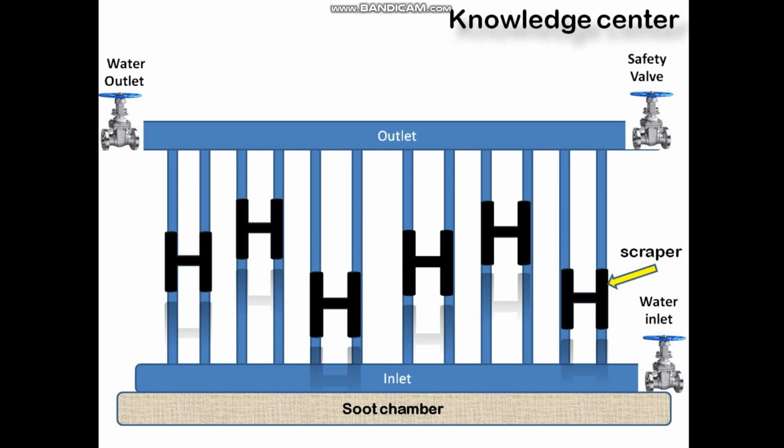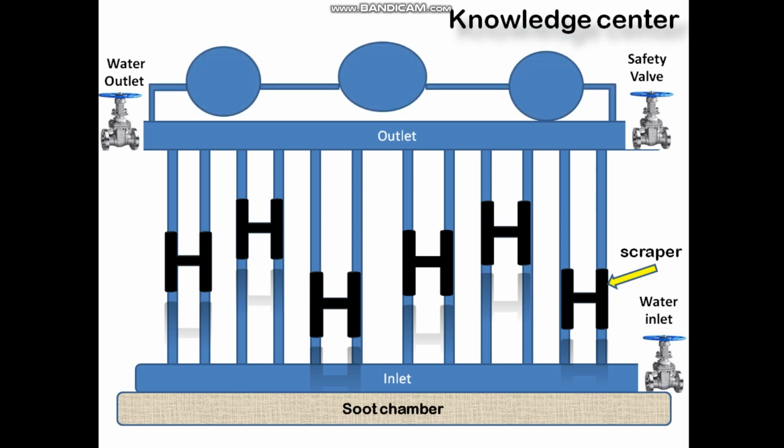Generally the scrapers will be moving upward and downward on the tube. The scale quantity will come off and be placed in the soot chamber. First, let me show you how this scraper moves upward and downward. These scrapers are moved through pulleys. As shown here, there are red colored threads, which are a belt or chain belt connected to a pulley and a scraper.